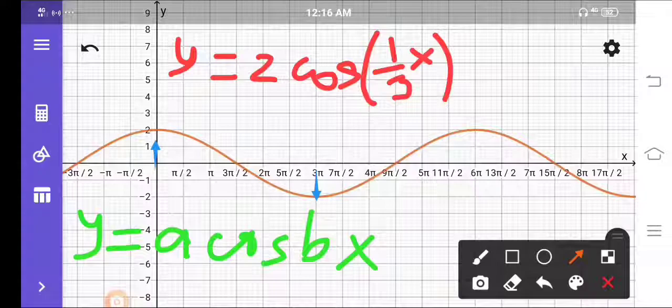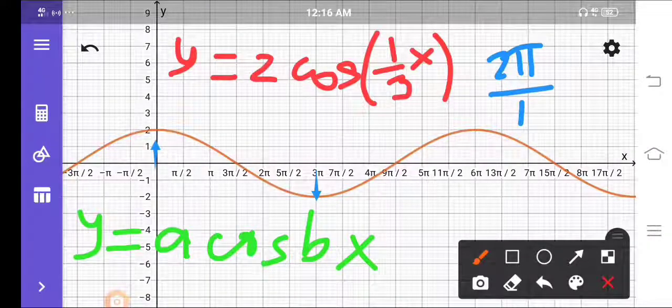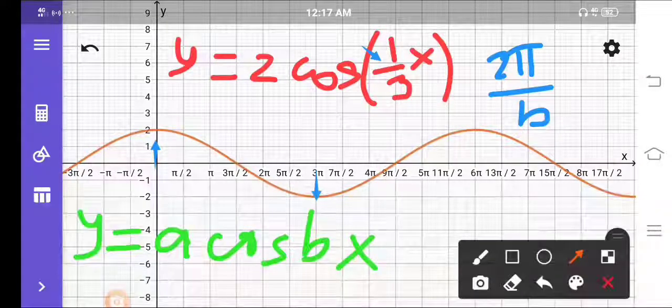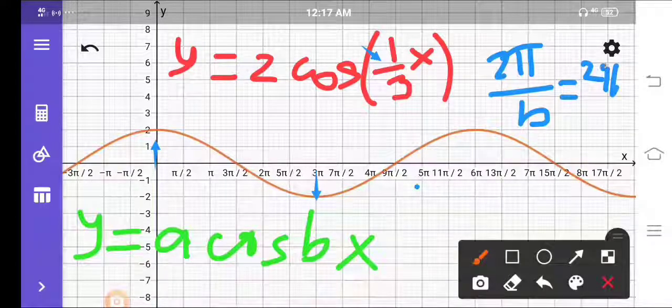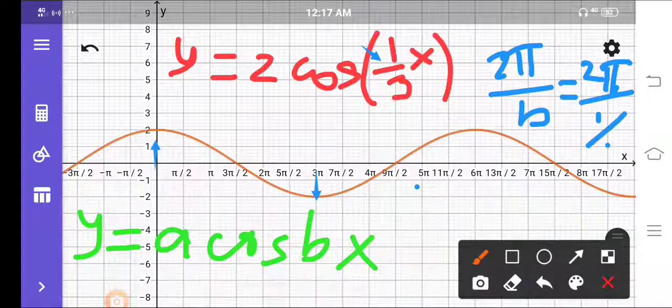That is the amplitude. So in finding the period, again we make use of the formula 2 pi over b. Now our b is 1 over 3. So we substitute b with 1 over 3: 2 pi over 1 over 3.